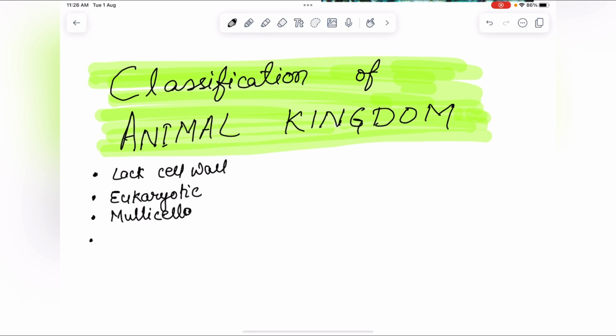And the fourth point is that they are heterotrophic, which means they are dependent on others for food. Most of the animals are mobile, which means they can move from one place to another.